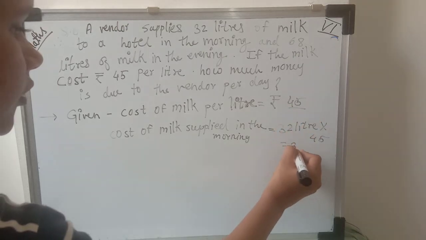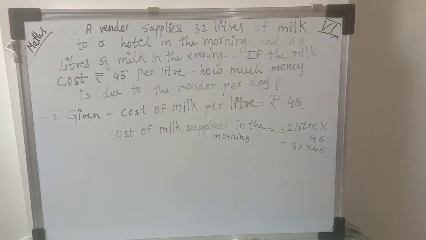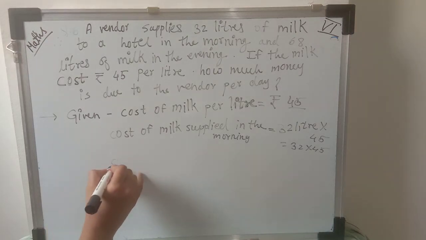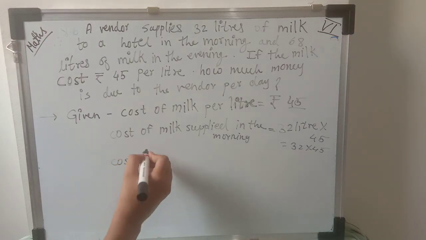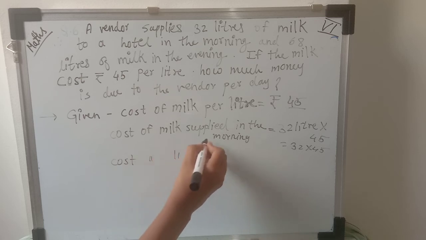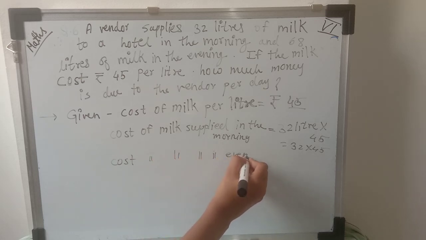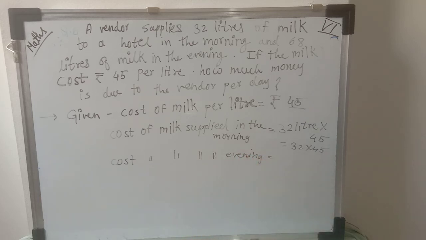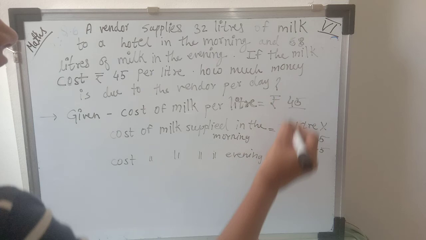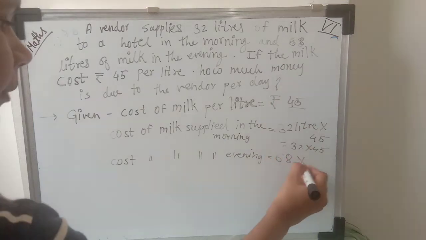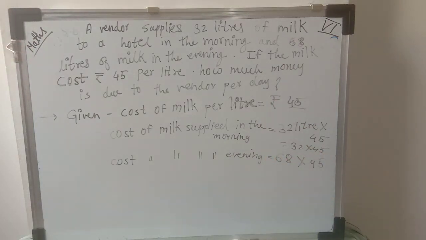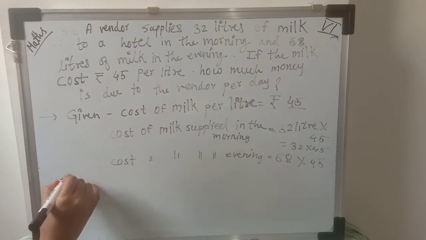So here will come 32 multiplied by 45. Okay, on the same day in the evening, the cost of milk supplied in the evening, how many liters of milk he is supplying in the evening, that is 68 liters. 68 multiplied by 45.